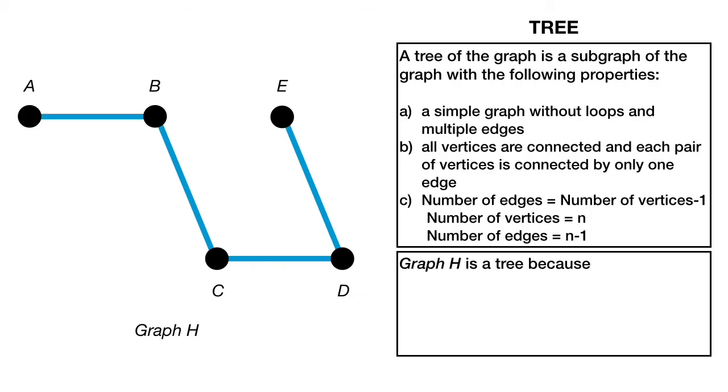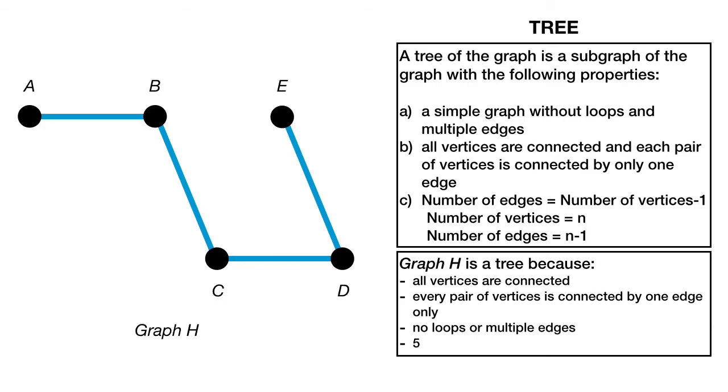So, looking at graph H, we know that it is a tree because all vertices are connected, every pair of vertices is connected by one edge only, there are no loops or multiple edges, and the number of edges is less than the number of vertices by 1.